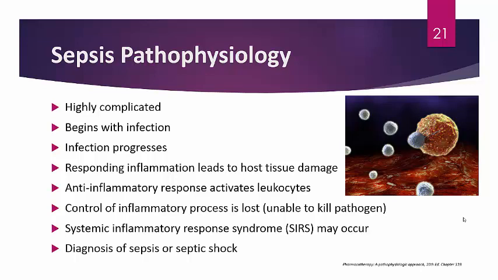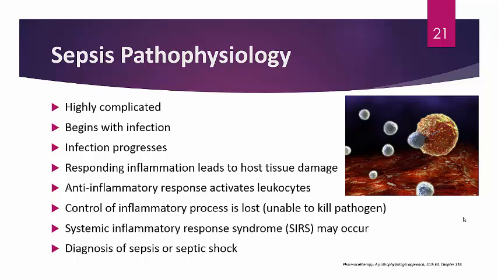And eventually, your leukocytes are battling against this damage from the infection that eventually the control of the inflammatory process is lost. Essentially, your immune system cannot overcome the underlying infection, and you're not able to kill the pathogen.